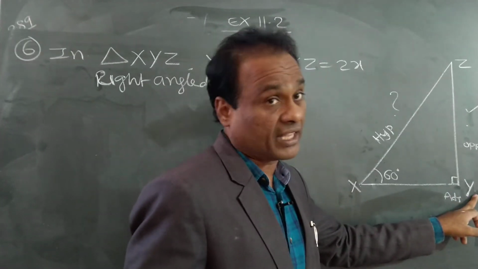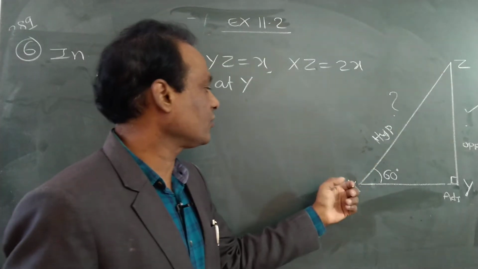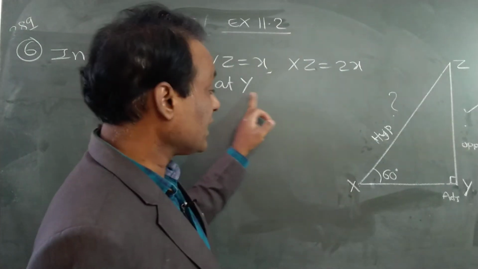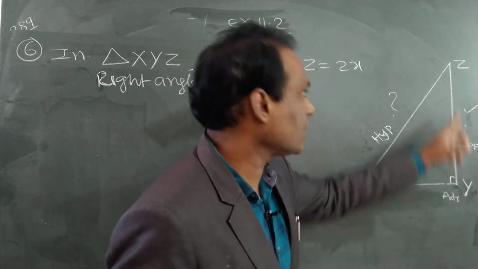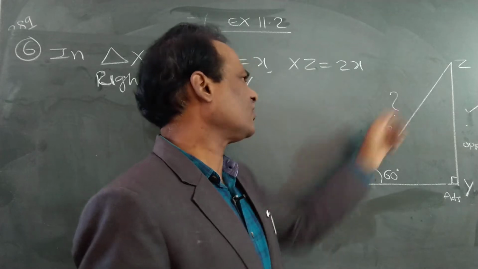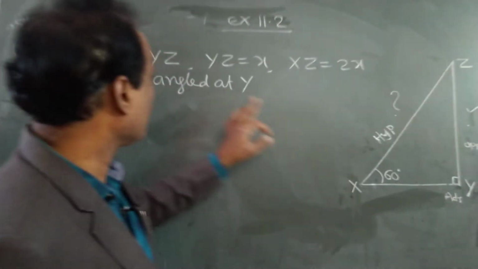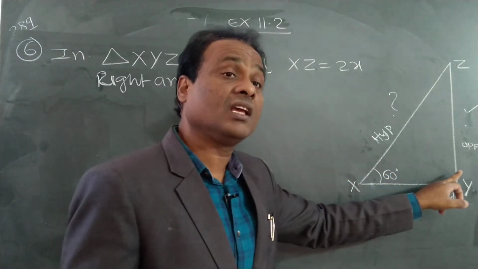At Y. Be careful. You cannot take it as you want. The angle which is 90 degrees we keep here, and the remaining you can take any way, this as X, this as Z, as you wish. But Y is 90 degrees, so right angled at Y means this should be Y.